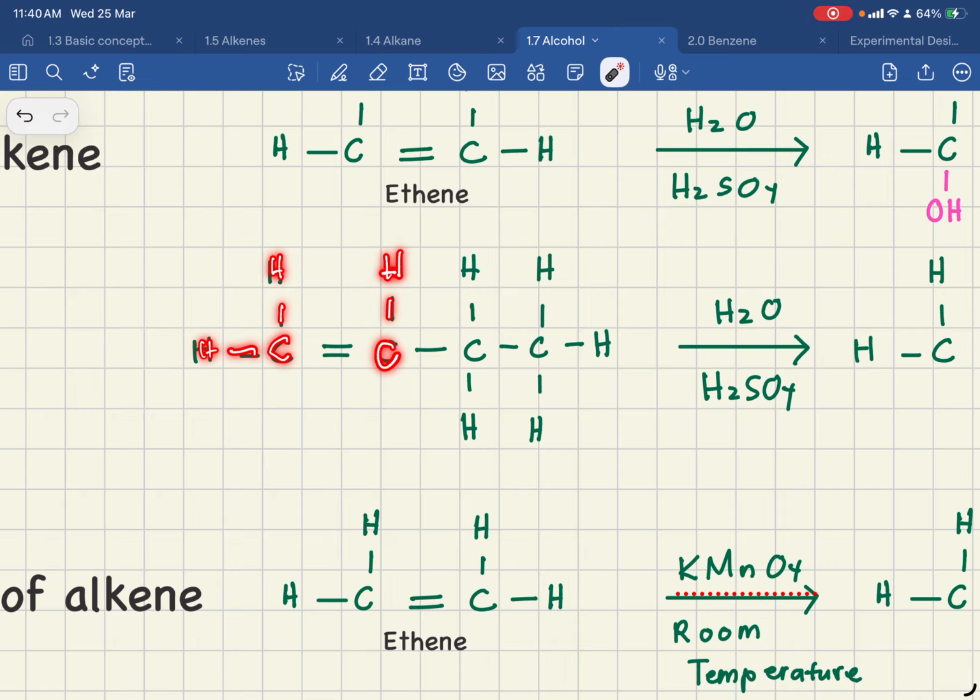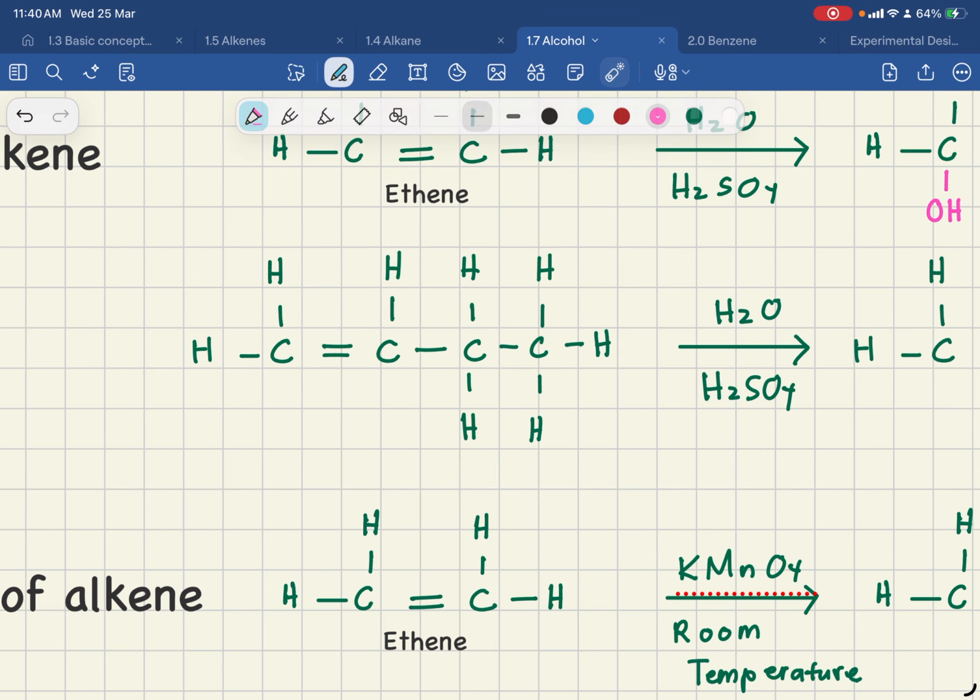Oh sorry, the other way around. This is secondary because it is attached to 2 carbon, and this is primary because it is attached to 1 carbon. I write it down here: primary, and this is secondary. Now we have 2 different carbons.